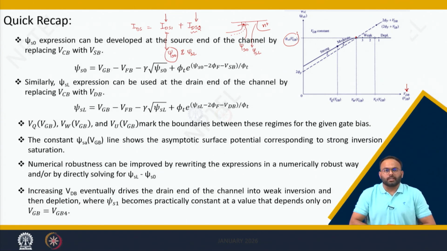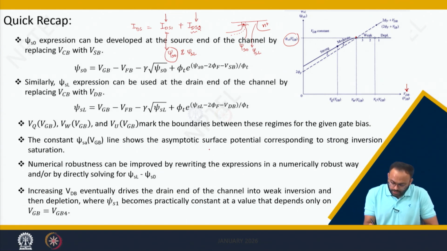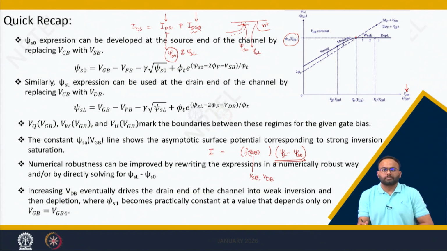We have also seen that the current is some function of VGB and obviously VSB and VDB. In addition, we can rewrite it as psi SL minus psi S0. So, this component creates a horizontal field.